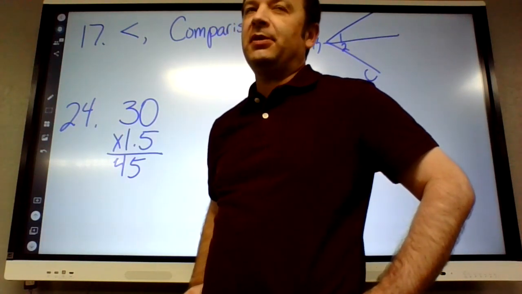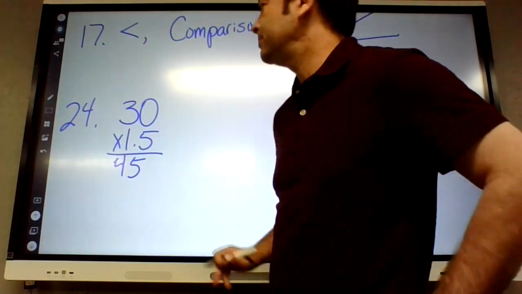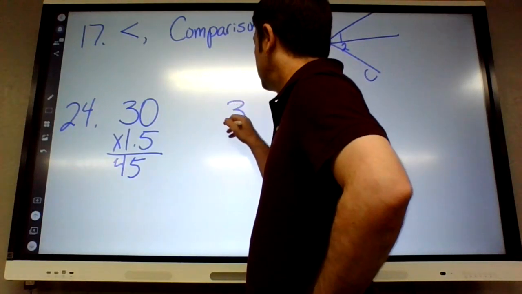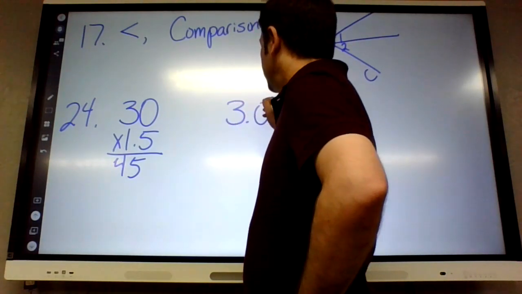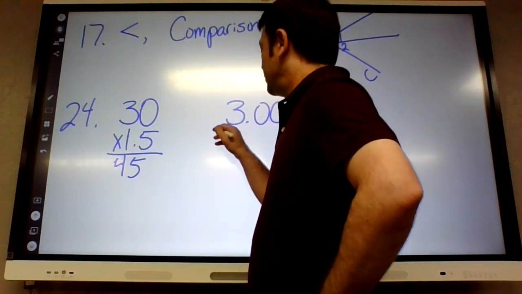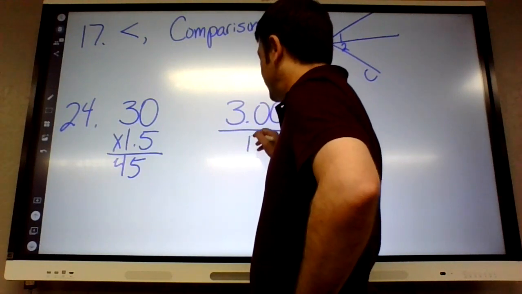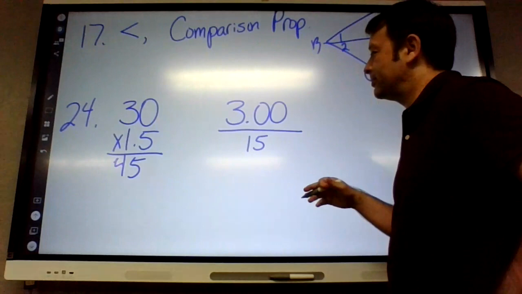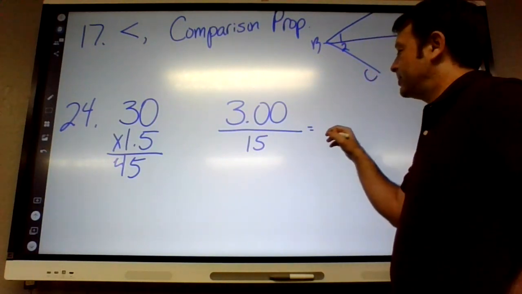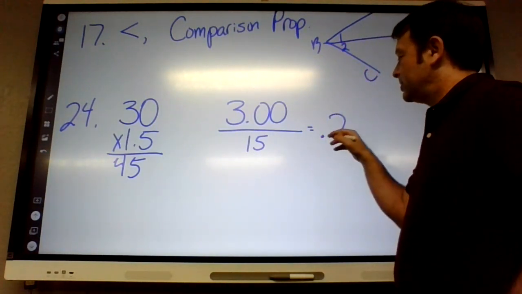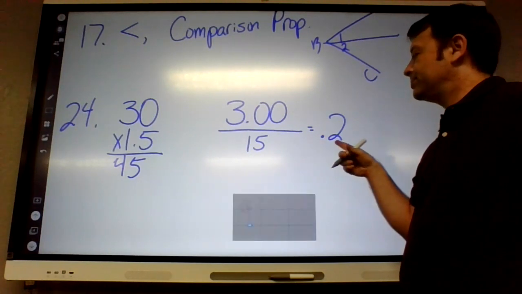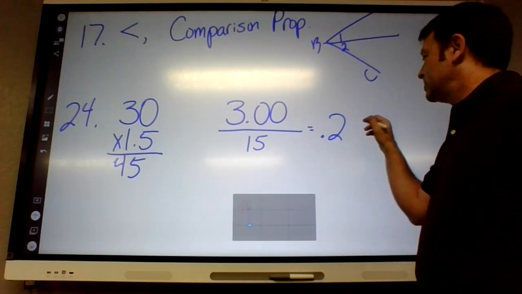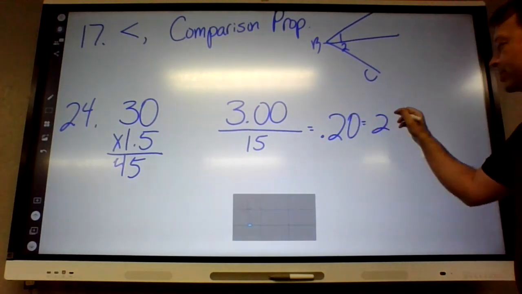It's $3 divided by 15, split 15 ways. That'll give you how much per cup. What's that come out to? 20 cents. If you plug it in the calculator, it'll say 0.2. What's 0.2 in money? 20 cents. It's like 0.20.